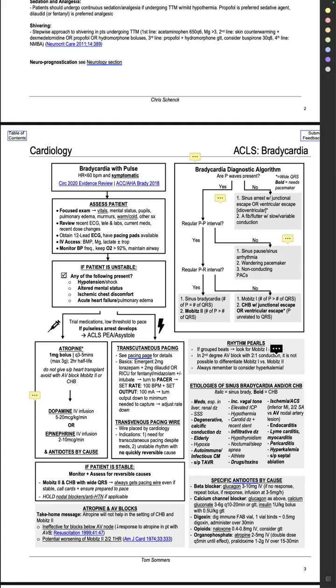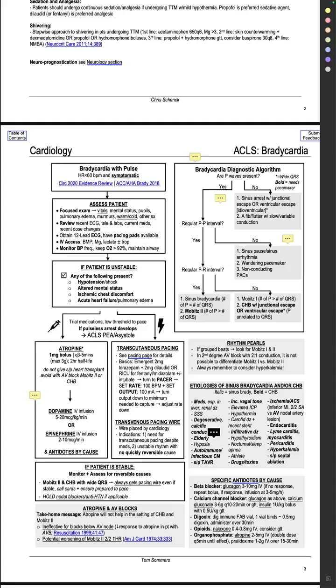So another thing is, if you're in between Mobitz type 1 or type 2, if there's a second degree AV block with 2-to-1 conduction, then it's hard to tell. So basically, if they're symptomatic and it's either Mobitz 1 or 2, you go ahead and give them the pacemaker anyways. And other causes of bradycardia, so you could have meds that cause it, degenerative calcific conduction.